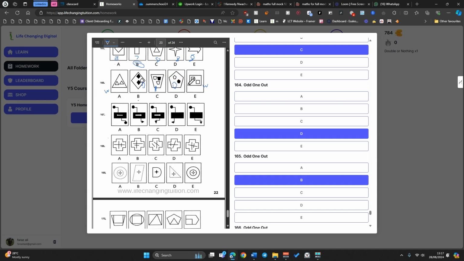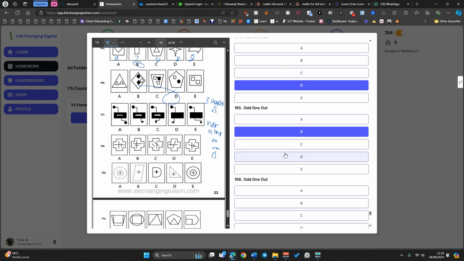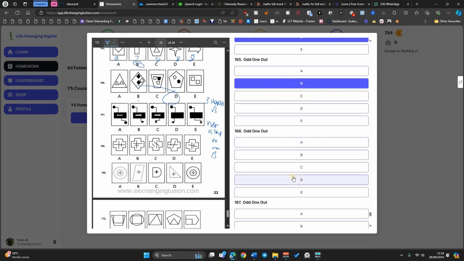So basically, the rule system that we've got going here is if the shape has three shapes inside of it, then it is allowed to have a black shape. If it only has two, then it is not allowed to have a black shape. Right, and D is the only one that breaks that rule. So that leaves us with the answer being D for question 166.